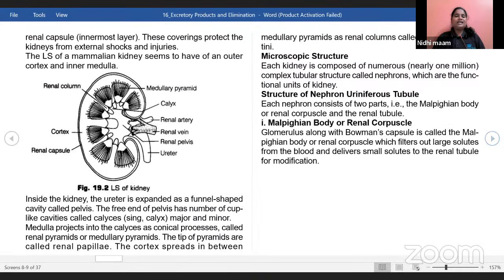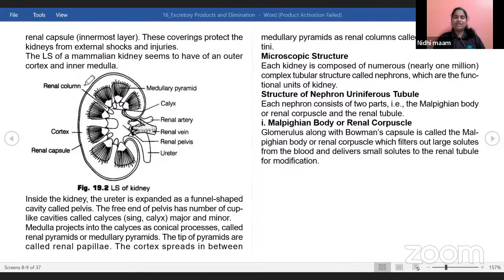Then the innermost layer is called the renal capsule. So renal fascia, then adipose layer, renal capsule. Why are these coverings necessary? These coverings protect the kidney from external shocks as well as injuries.